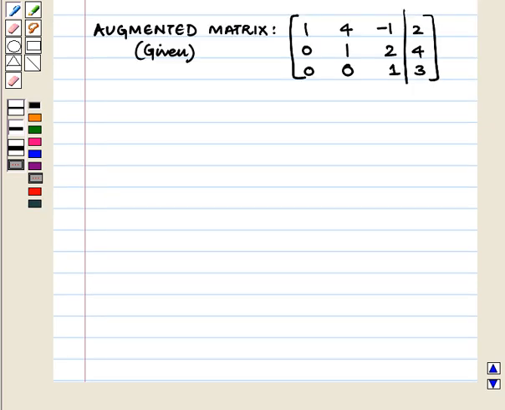Similarly, if we are given an augmented matrix, we can write the system of equations using that matrix. For example, if we have an augmented matrix containing elements 1, 4, minus 1, 2 in the first row, 0, 1, 2, 4 in the second row, 0, 0, 1, 3 in the third row, we can write the equivalent system of equations.